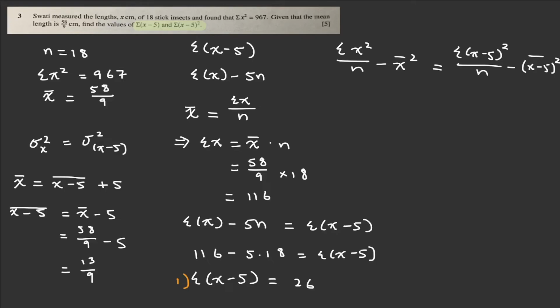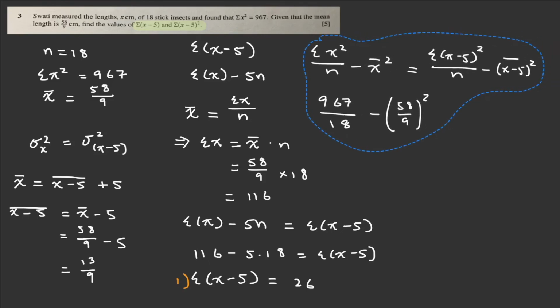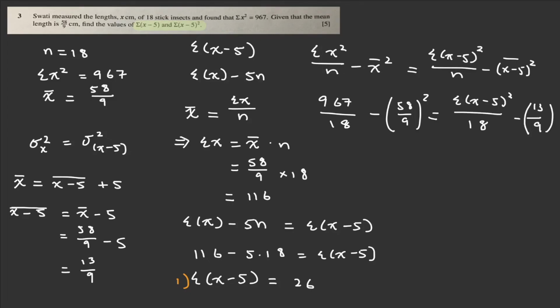So if we put it back into this formula now, we can say that it's 967, which was given in the question, over 18 minus our x bar, which is 58 over 9 squared, equals what we're trying to find, so sigma x minus 5 squared over 18 minus 13 over 9 squared.